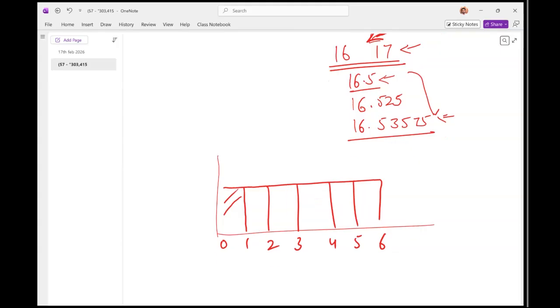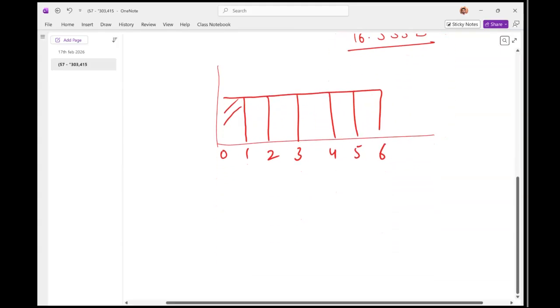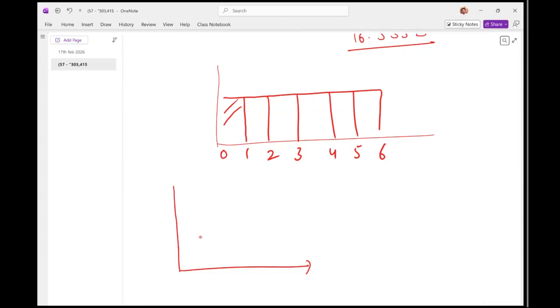First of all, within continuous probability distribution there are two types of graph you will be doing. One type of graph you've already seen in chapter number 3, which is the normal distribution graph. A normal distribution graph looks something like this, and this is a part of continuous probability distribution.